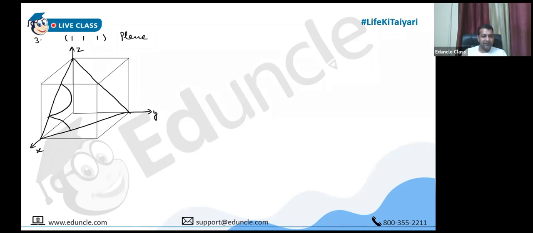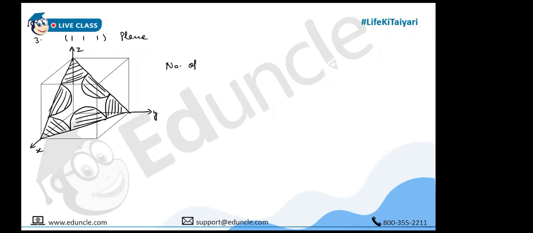There will be semicircles, like this, no? Please check. Because all these are face diagonals. Because of the atoms present at the face centers, half circles will be there. Is it clear or not? Yes, it's clear. So area we have already calculated.